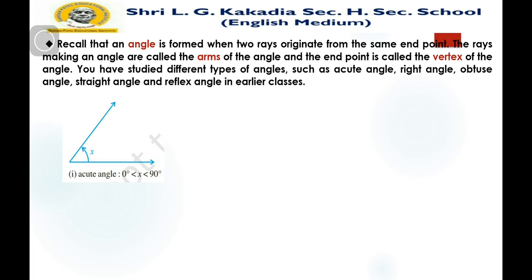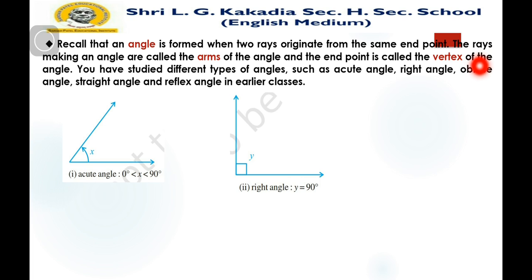And right angle: if the given angle is 90 degrees, then it is a right angle.